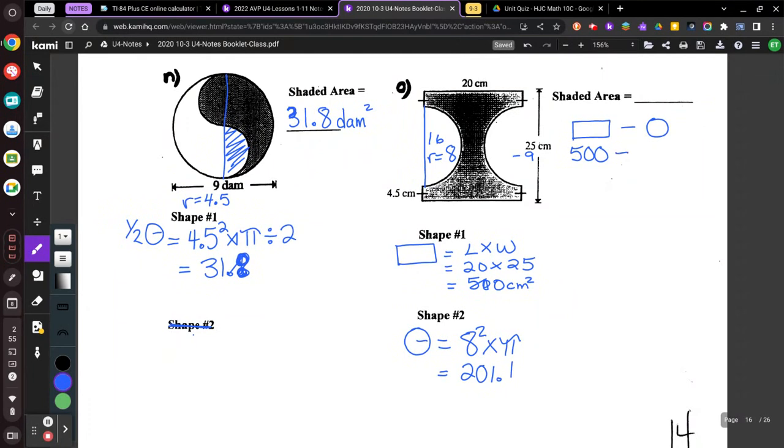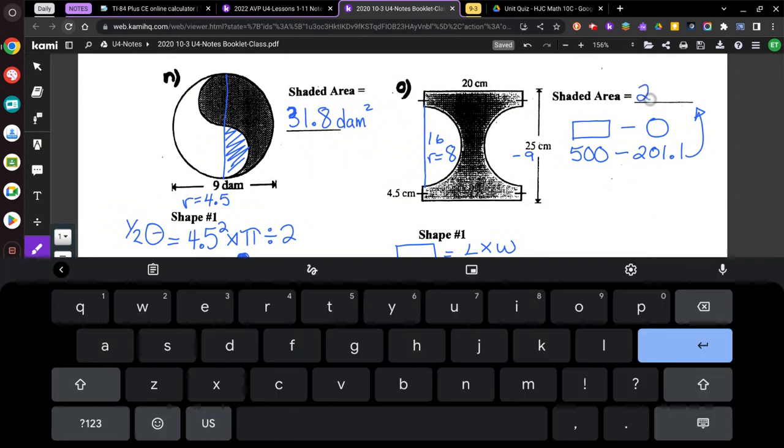So 500 subtract 201.1 is going to give us 298.9.